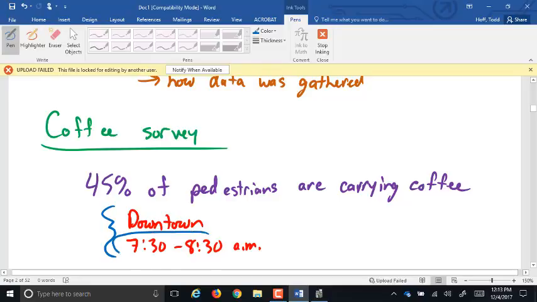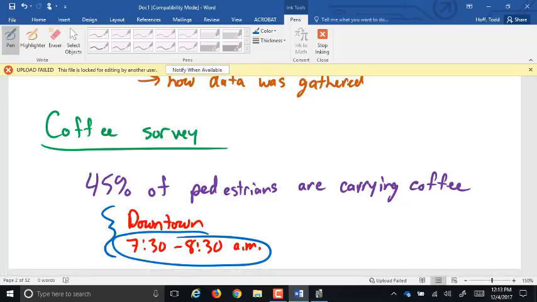First of all, how could the time affect it? Why is 7:30 to 8:30 in the morning important as a possible bias? What would cause that to bias the study?